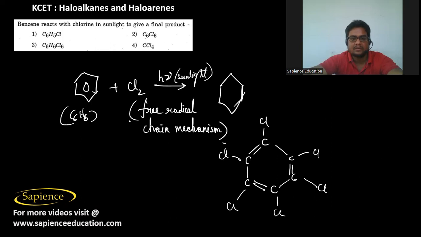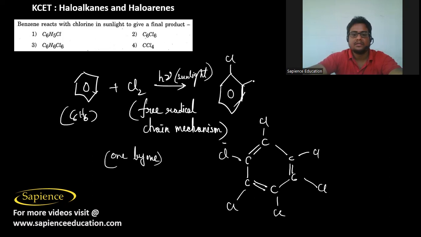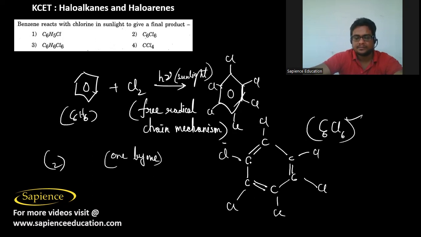In every step, one by one, all the hydrogen atoms in benzene will be replaced by chlorine. So it will form C6Cl6. So option 2 is the correct answer.